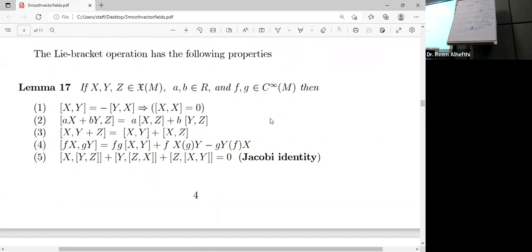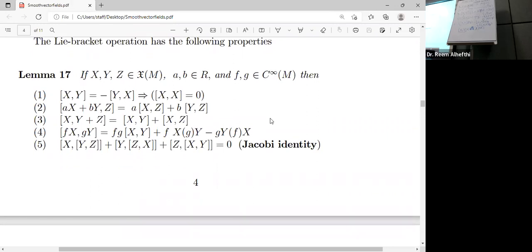That is, [X,Y] equals minus [Y,X]. And as a result, [X,X] should be 0. Second, it is linear in the first slot: if a and b are real numbers, and [X, Y+Z] is also linear. That linearity is there in condition 3.